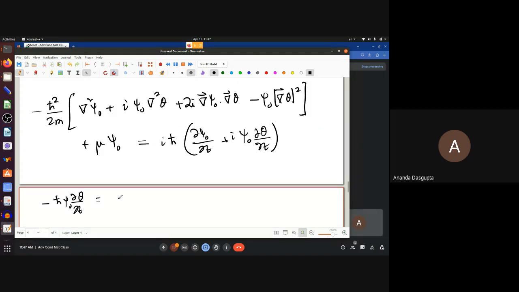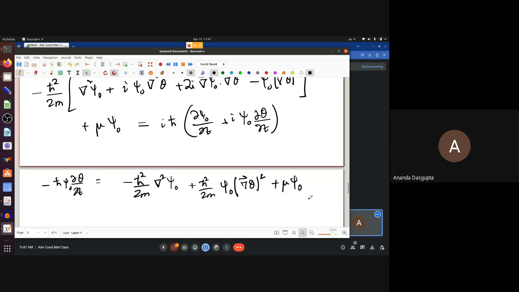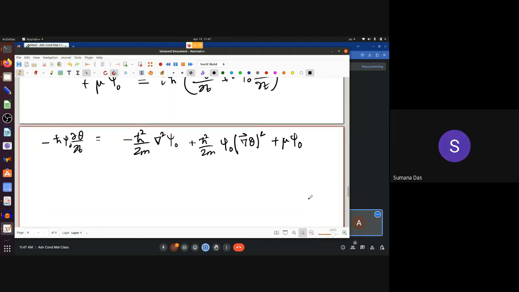What about the left-hand side? You of course get minus h cross squared by 2m Laplacian psi 0, then h cross squared by 2m psi 0 grad theta whole squared. That's important. And plus mu psi 0. Right? Yes, sir. That's the real part.